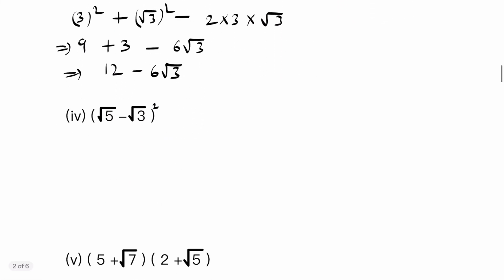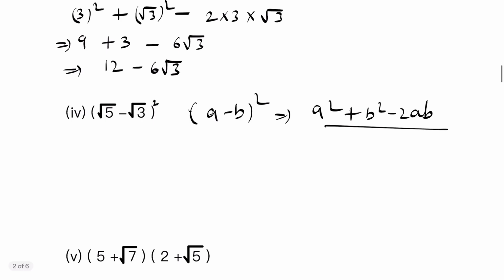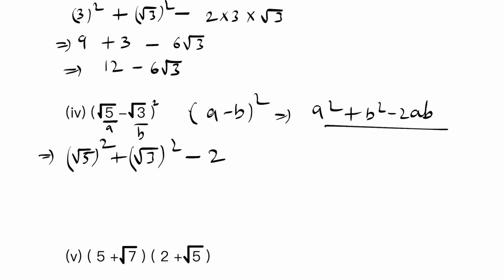Now this is again the identity of a minus b whole square, which is equals to a square plus b square minus 2ab. Now this is a, this is b, so a square is equals to root 5 square and b square is equals to root 3 square, and this is minus 2, a is equals to root 5 and b is equals to root 3.